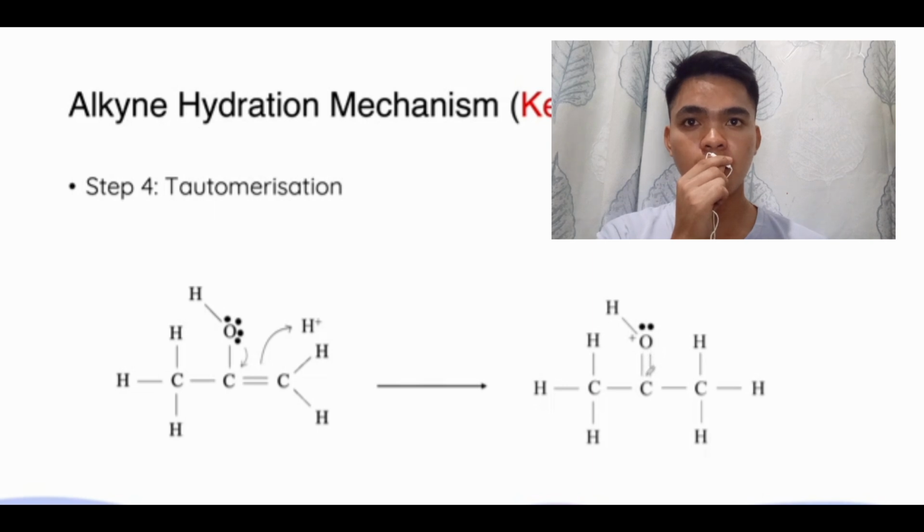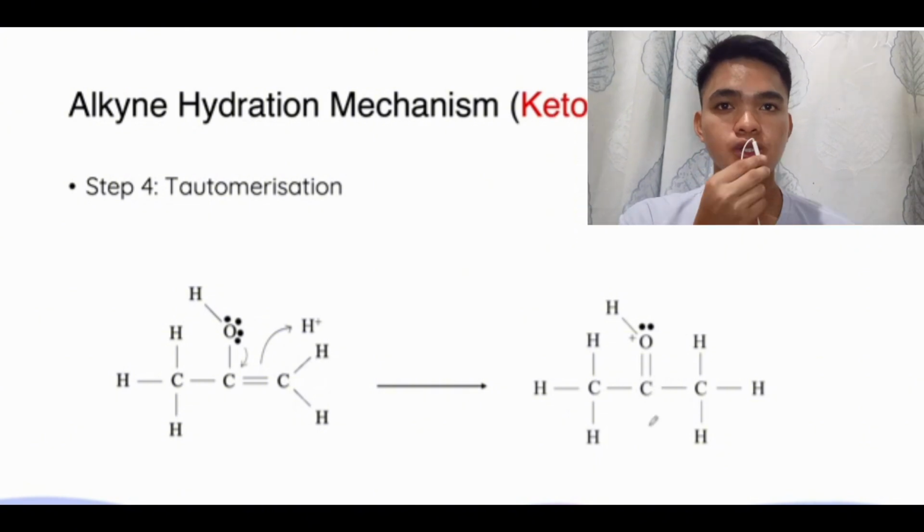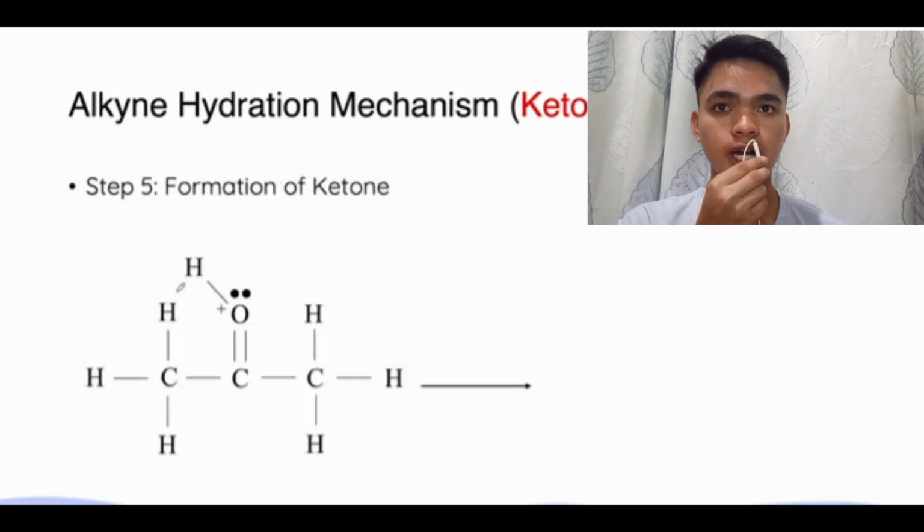In order to form a carbonyl compound, the reason why this is more stable is because oxygen is more electronegative than the adjacent carbon that exists on the enol, which means that it has a better ability to absorb the electron density and stabilize the double bond. Finally, we still have an extra hydrogen that is attached on the carbonyl, so this then deprotonates and we end up with the formation of a ketone.